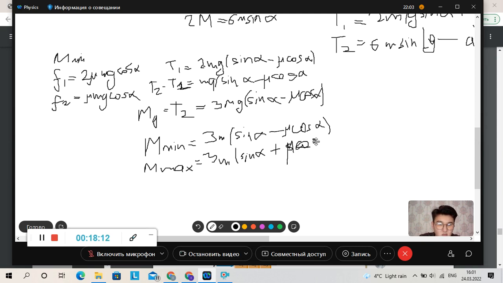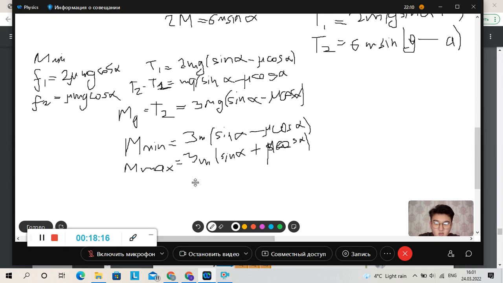Okay, this is the big mass, and this is max and minimum.